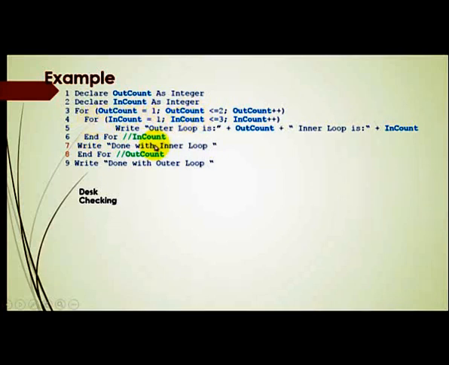Once we get to 4, we come down to line 7, then we come to line 8, we come back up to line 3, we increment out count by 1, we check the condition, and then this for loop starts all over again. So in count will now equal 1. We check the condition, and then we repeat the inner loop again. Then we come down, we increment out count by 1, we check the condition.